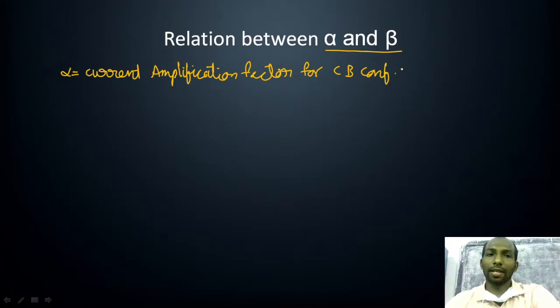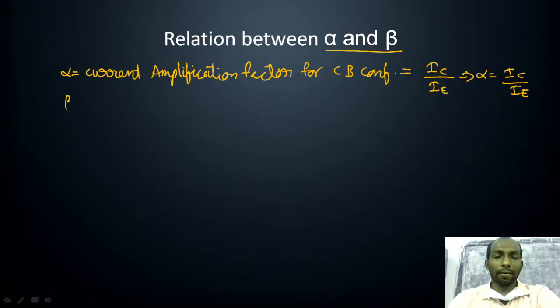For CB configuration the base is common to input and output. So output can be taken at the collector, so the output current will be IC, and the input current is the emitter current IE. So I can write alpha is equal to IC by IE.